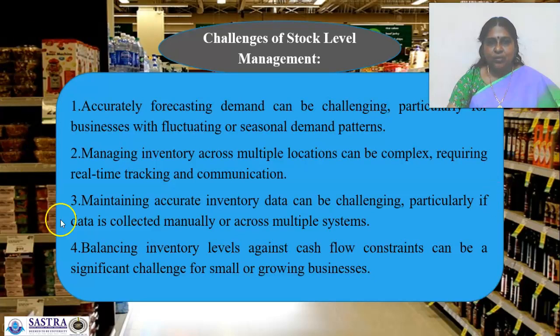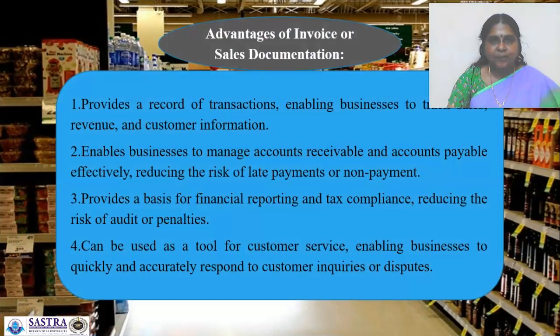So you cannot predict what stock is available at that particular point of time. Accurate inventory data collection is not possible in these types of retail outlets. Balancing inventory levels against cash flow constraints can be a significant challenge for small or growing businesses.